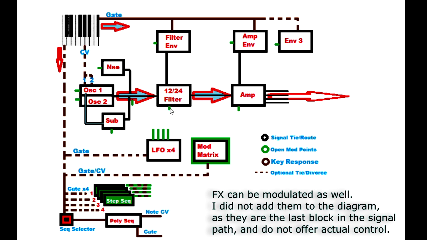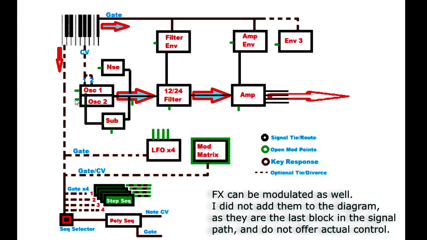Key track, I don't think you can mod the key tracking itself, but you can mod different velocities and things like that. The amp level you can mod with different things, not just the envelope but the actual overall level. Same with the filter. You can modulate the mixing, so how much the sub is coming in, how much the noise is coming in, the level of the oscillators.